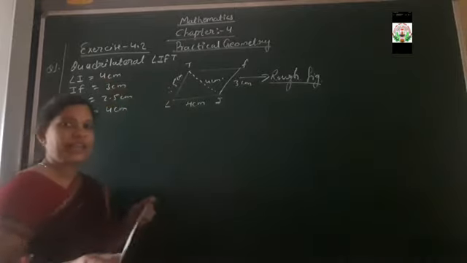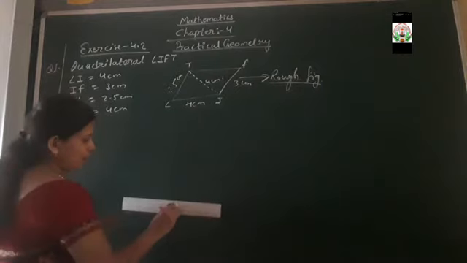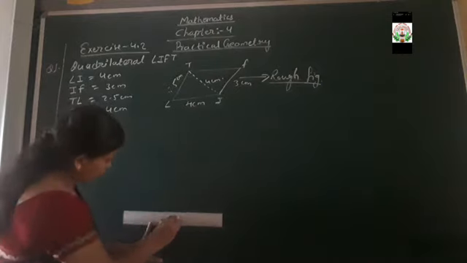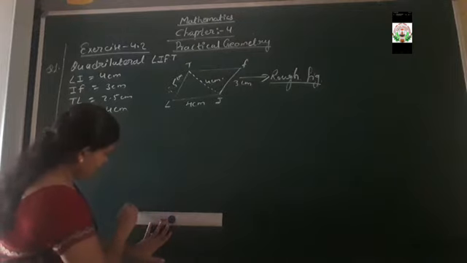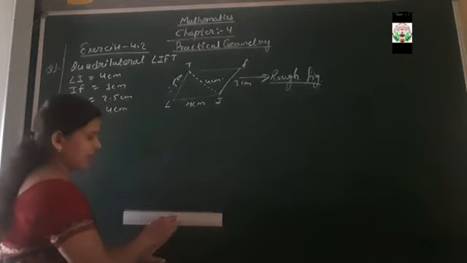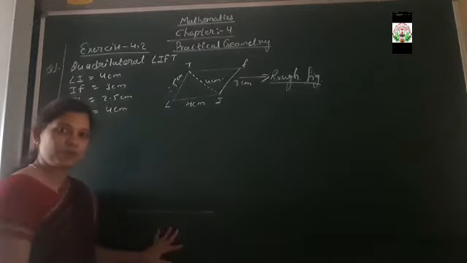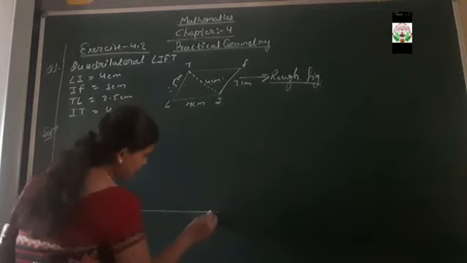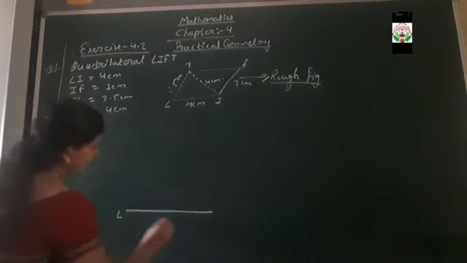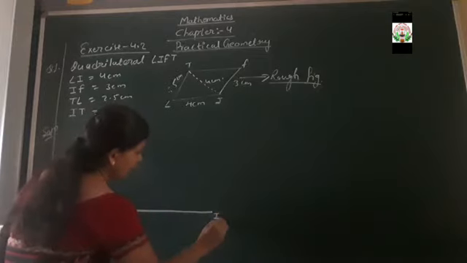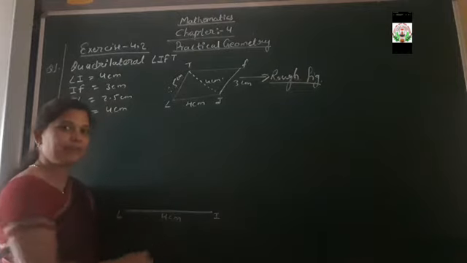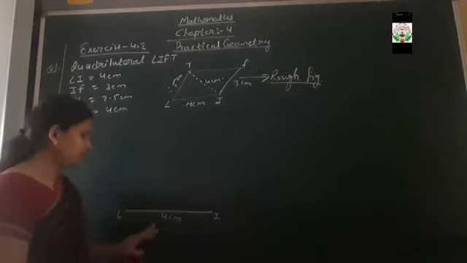For that, take your scale, keep it on your copy, and measure 4 cm with the help of your scale and a pencil. Make a straight line segment of 4 cm and label it LI, with measurement 4 cm. Clear everyone?